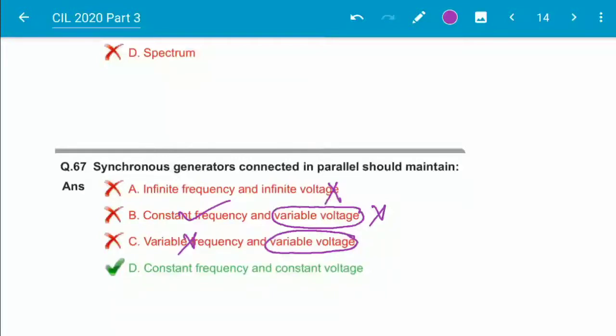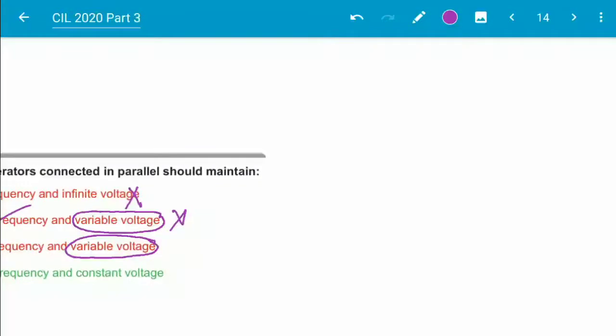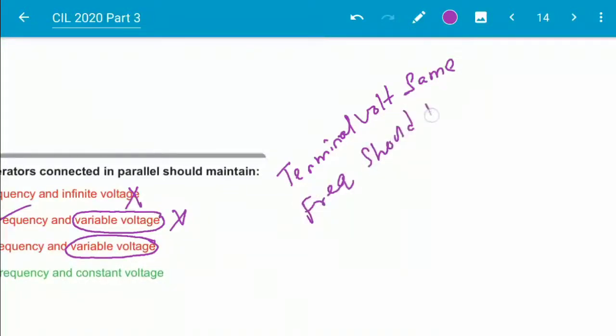The main things to be noted for parallel connection of synchronous generators are: terminal voltage should be the same, then frequency should be the same, and lastly phase sequence should be the same.